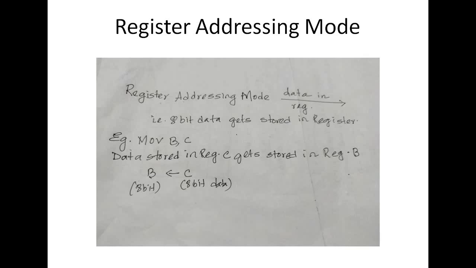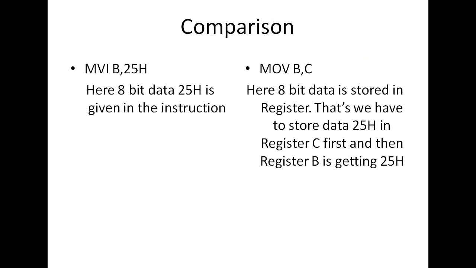After looking at the pattern of zeros and ones, it understands that this instruction is MOV B, C. As soon as it understands this, it transfers the data stored in register C into register B. Clear?